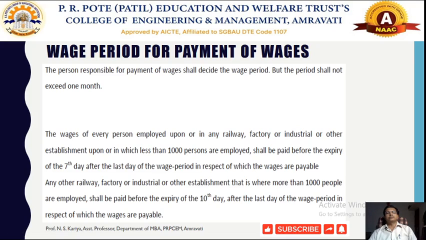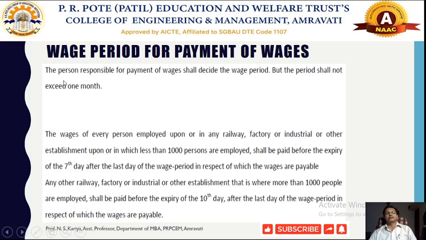So these two basic conditions apply, and in establishments where more than 1000 workers are employed, workers are liable to get their wages on completion of the 10th day after the last day of the wage period. In this way the wages need to be paid by that particular employer.